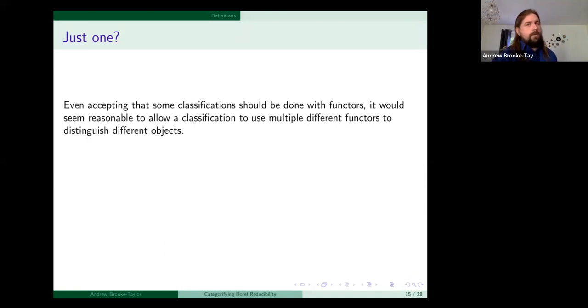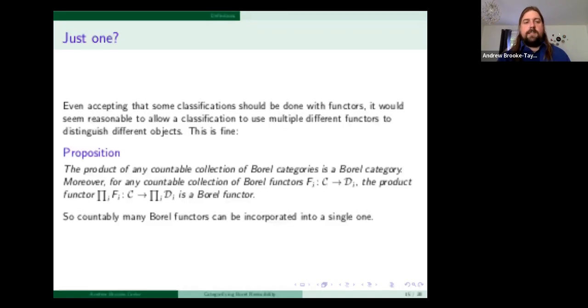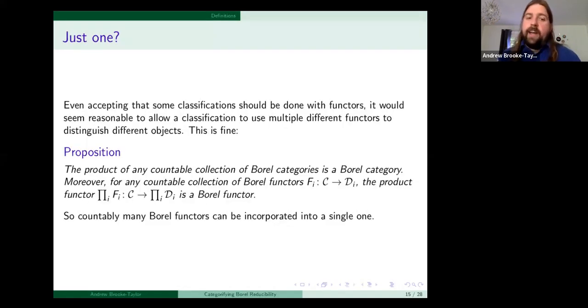Okay, so going back to the classification perspective, one issue you might have is, even if you accept that in some areas of mathematics you should classify things with functors, it would be reasonable to allow multiple different functors to distinguish different objects. But this is fine.